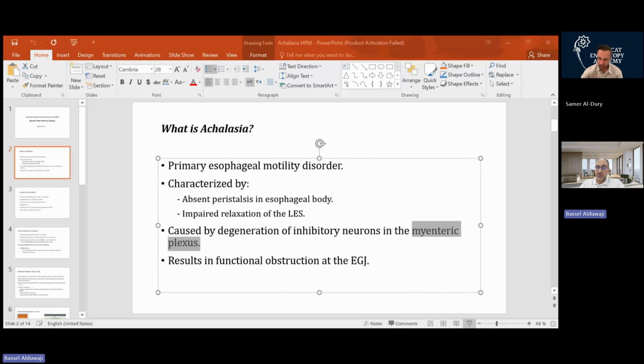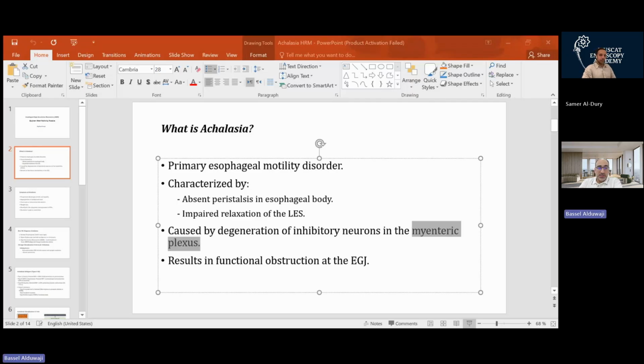So if the patient responds to the PPI treatment, that means this heartburn is because of GERD. If there is no response, for sure now we have to move to do the manometry to make sure that it's not GERD, and it will also be the first step before we do the pH impedance recording to rule out GERD.